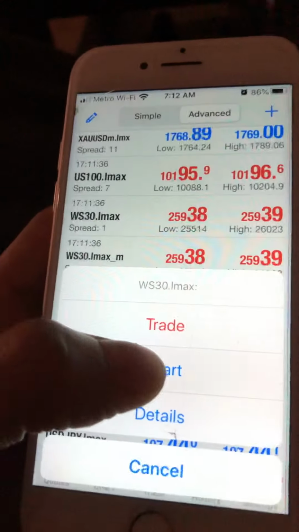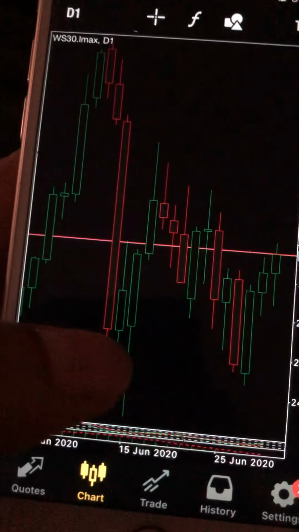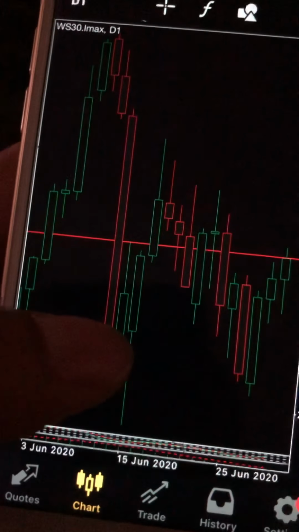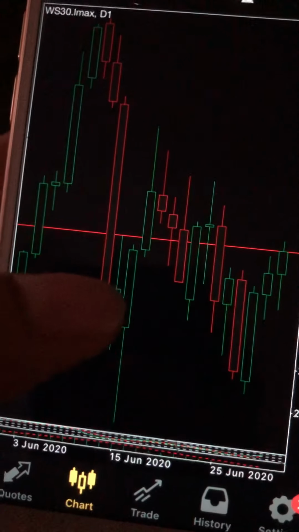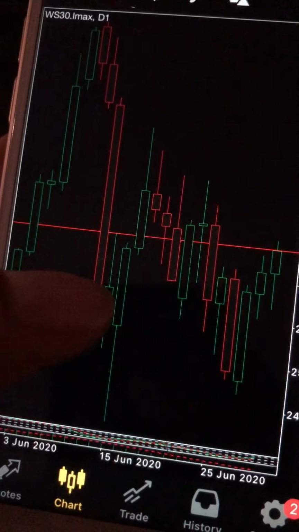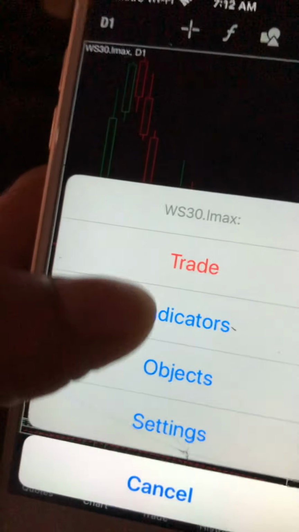And then right here, let me zoom in. See these right here, how they're even? That's where price opened and it closed up here with that bar. And when price closes higher than it opens, it's always green. Then the next one, you see that price opened down here, then it went down here.